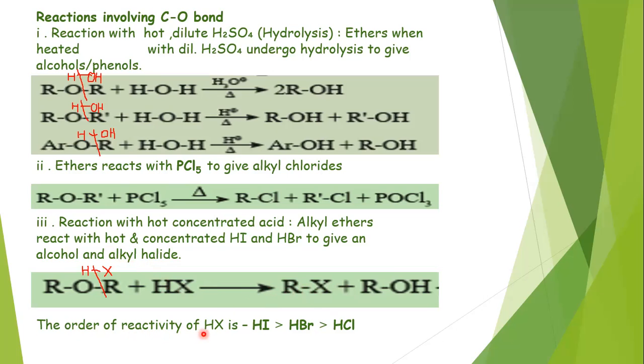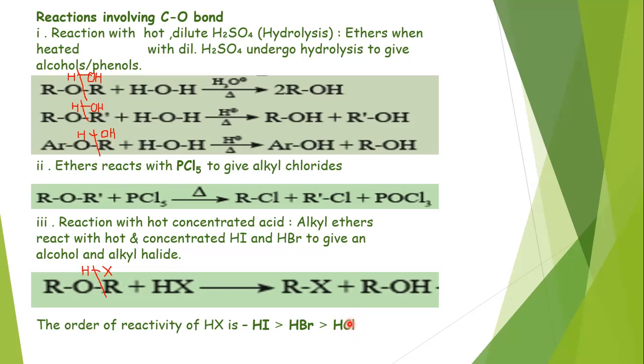The order of reactivity of HX is HI is more reactive than HBr, which is more reactive than HCl, because it depends on the size of halogens. Iodine is bigger in size than bromine than chlorine.